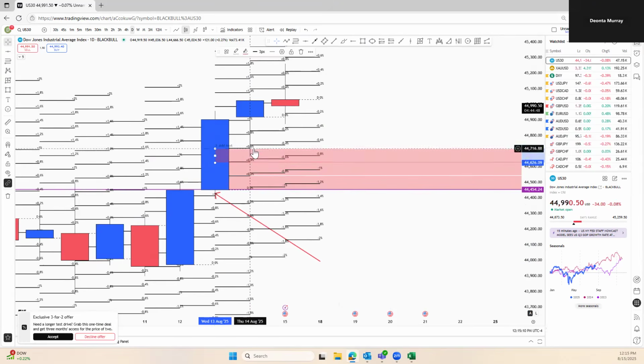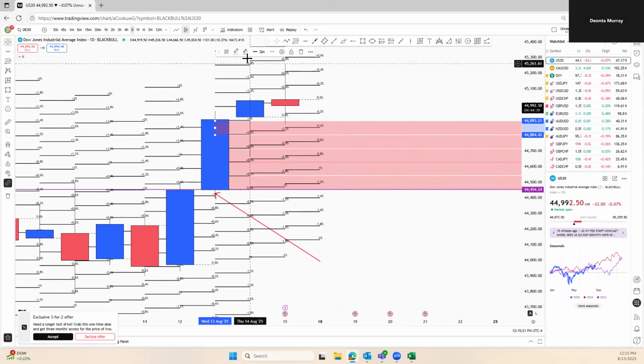Looking here, then we got 8%. I'm sorry, I said 5 previously, but 6%. Then we got 8%. Then we got the full 1% range and beyond. So everything from opening price here to 1%, boom, we now have the actual lines and the percentages that it pushes past in order to get to that 1%.